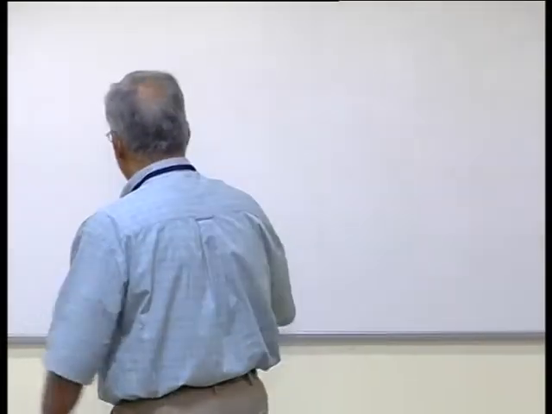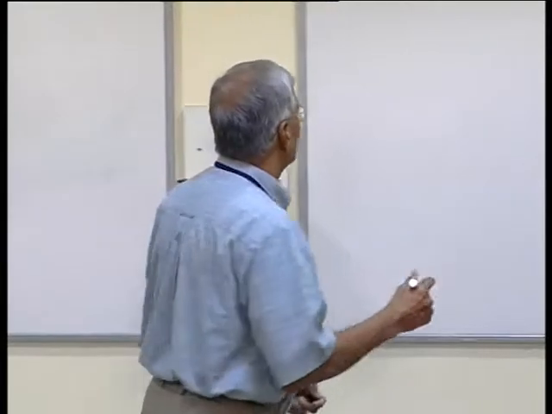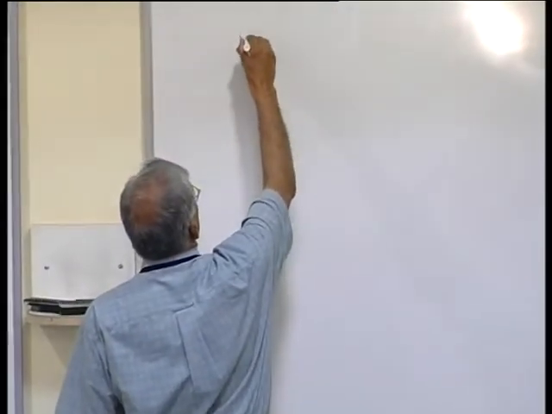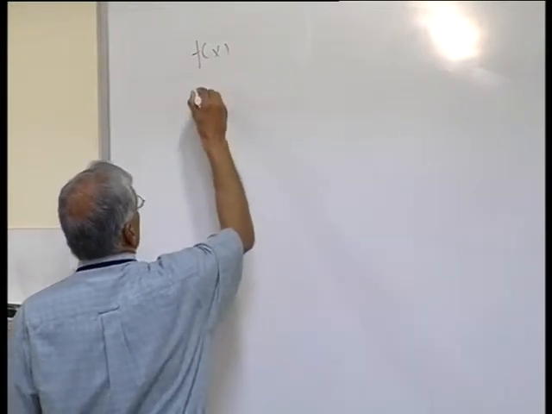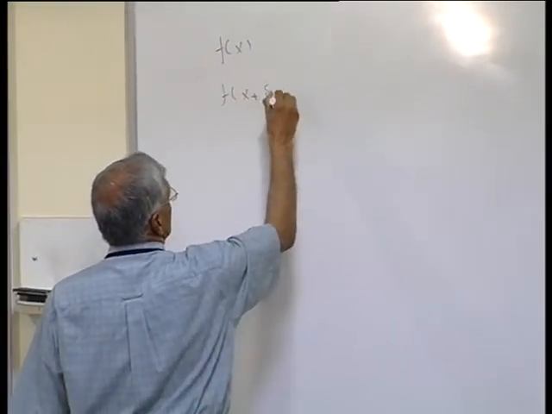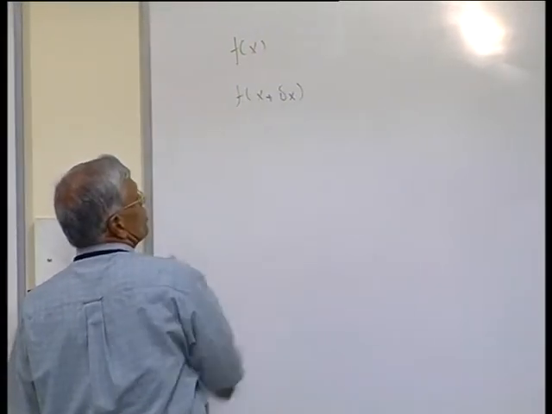So I'm going to start with the definition of variation. Let f of x be a function of x. I'm going to perturb the point x to x plus, let us say, delta x. If I perturb, the value changes.